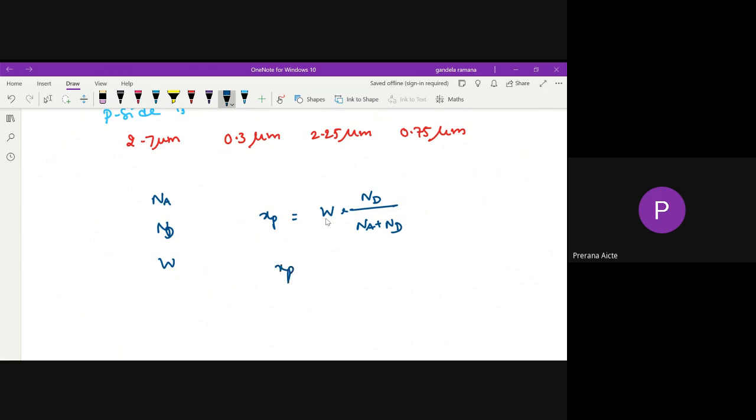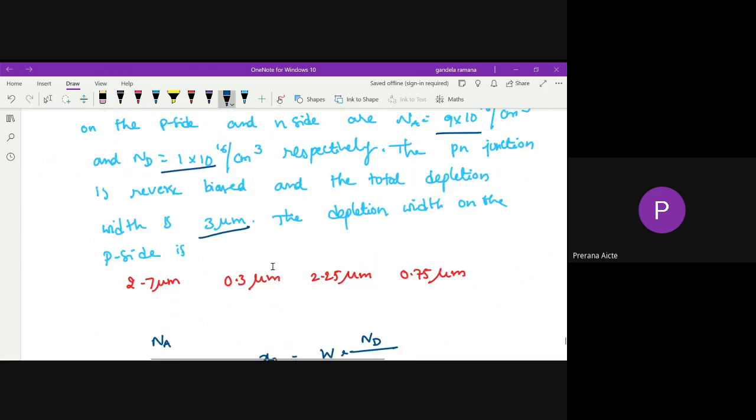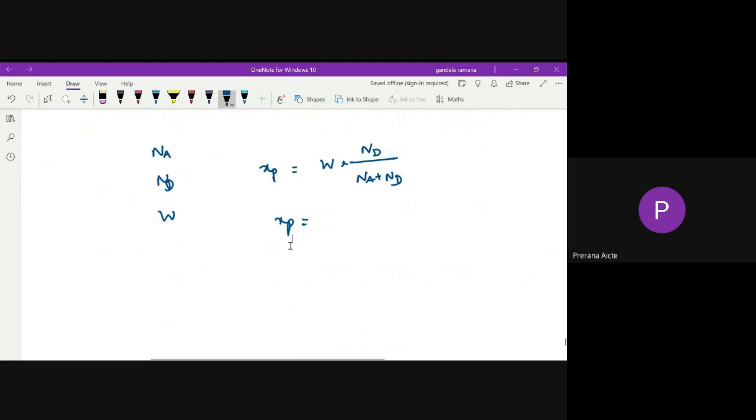So Xp is 3 micrometers into Nd, which is 10 power 16, upon Na, 9 into 10 power 16, plus 10 power 16.